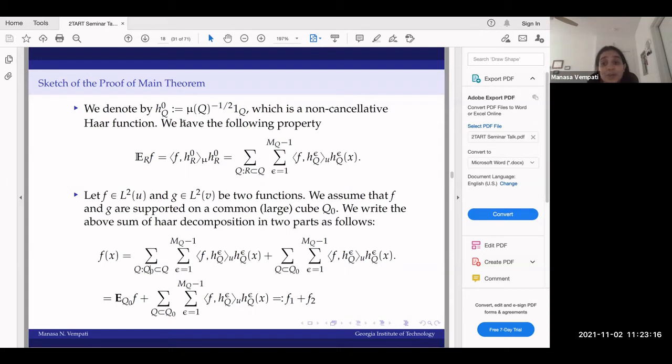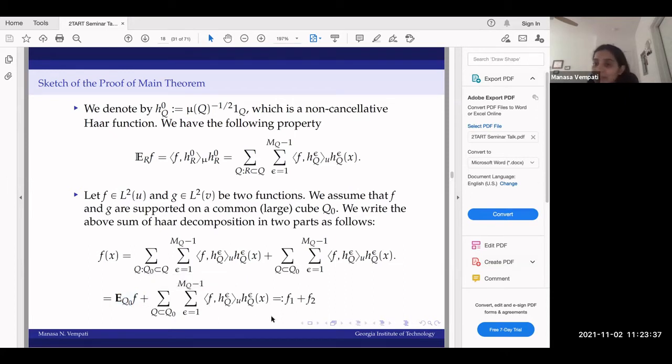Now, using the property for the non-cancellative Haar functions, one of these pieces becomes the average of the function f over Q_0, and the other piece we keep as it is. I'm going to call these pieces f_1 and f_2 so that I can explain what happens in the rest of the proof.